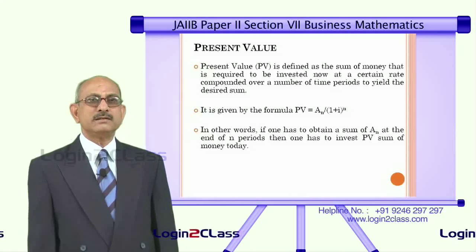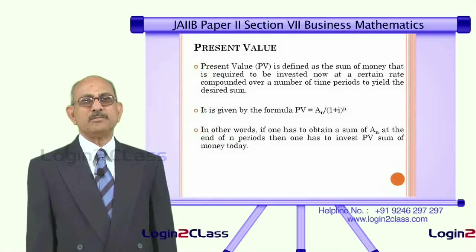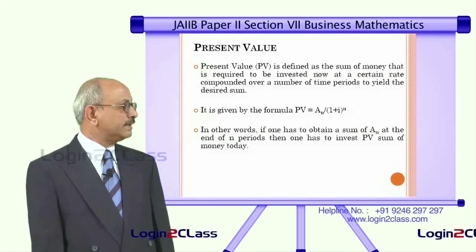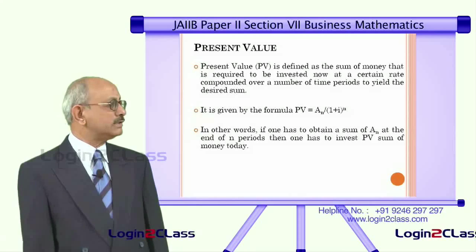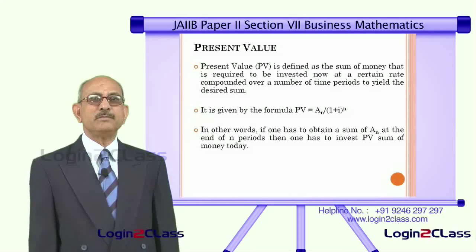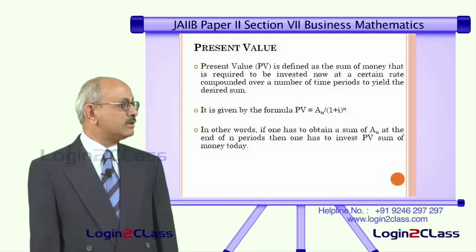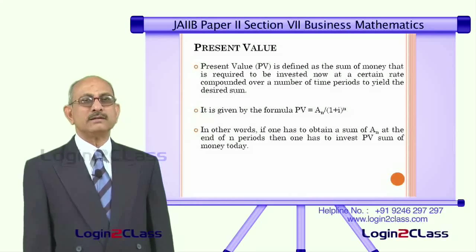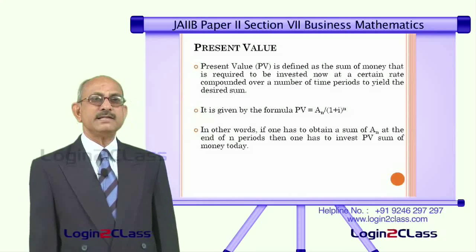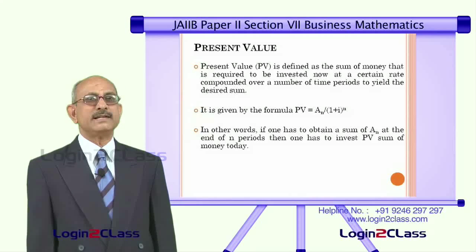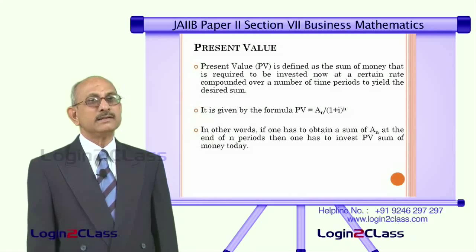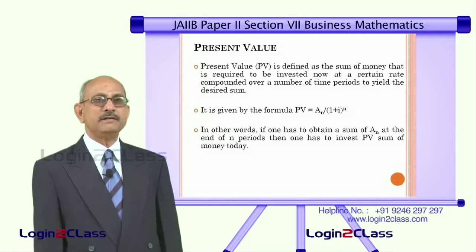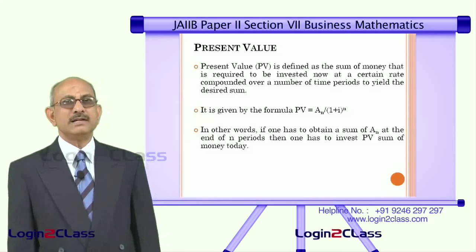So, this is based on the same formula which we use for compounding. As you remember, in the case of compounding, we got An, that is the amount at the end of 2 years, by multiplying the principal by a factor called 1 plus I raised to n. So, there we used An is equal to P into 1 plus I raised to n. If you move P to one side, then it becomes P is equal to An divided by 1 plus I raised to n.